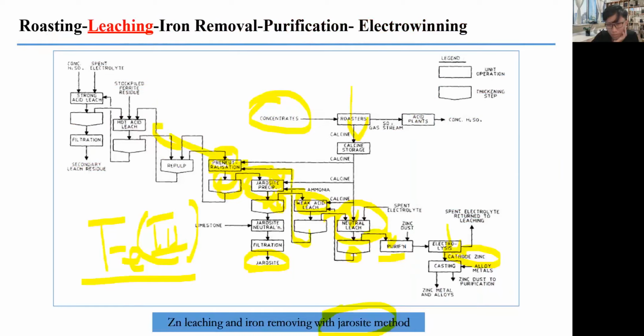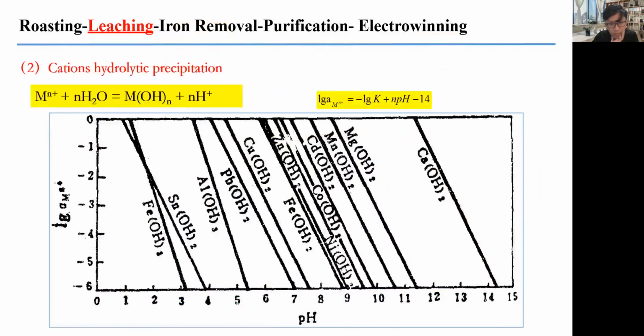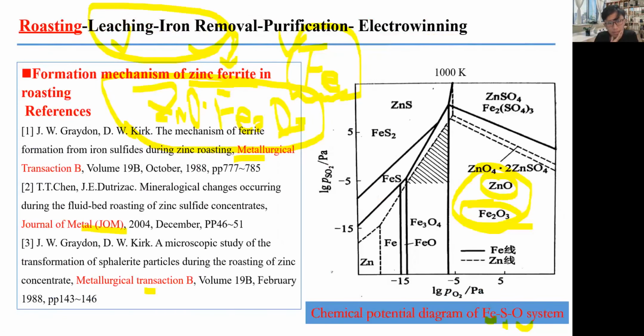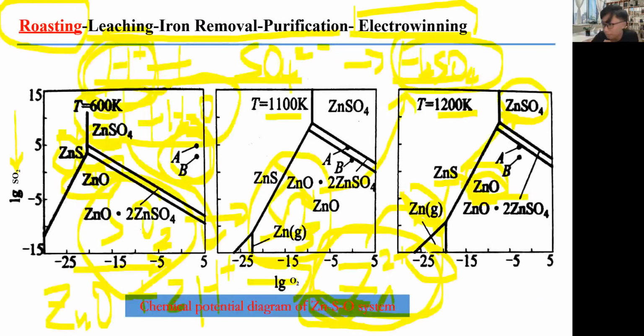I want to ask a question. In roasting processes, especially in the Kellogg diagram, I believe in industrial cases the point is fixed at points A and B. Yes, this slide.